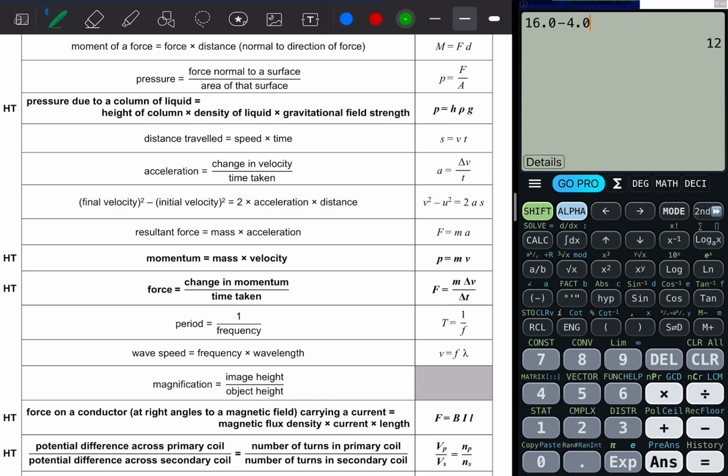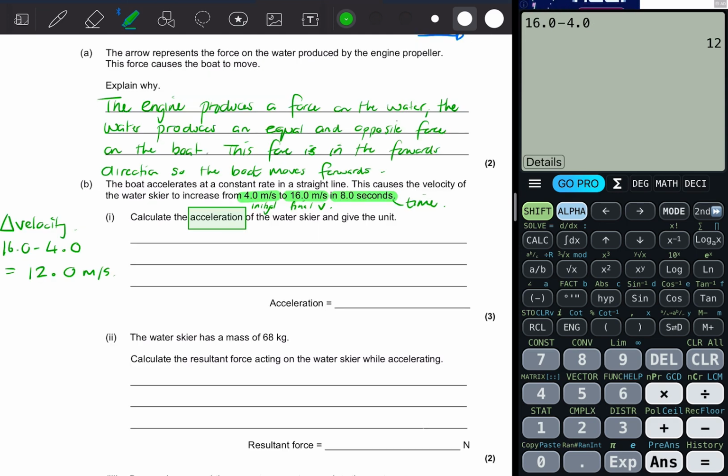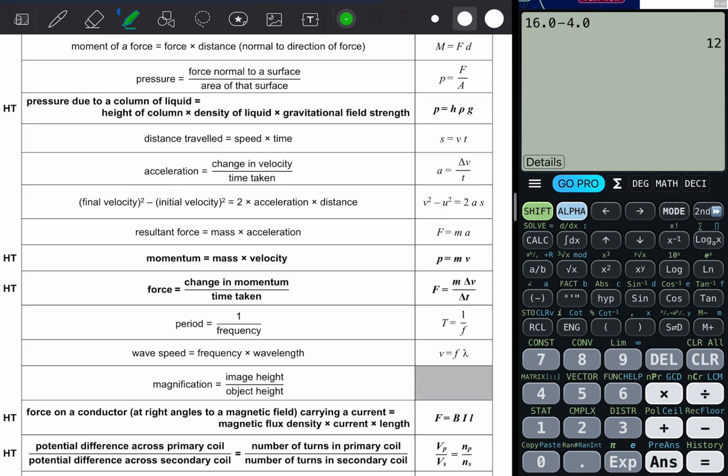Let's get rid of that. We're looking for an acceleration. So we can see acceleration here, acceleration here, acceleration here. Okay, let's check those. So we're looking for the other things we've got. So we've got a change in velocity and a time. This one, change in velocity and time. Acceleration equals change in velocity divided by time taken.